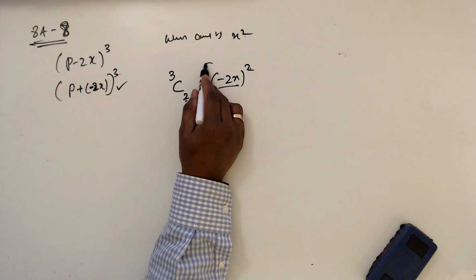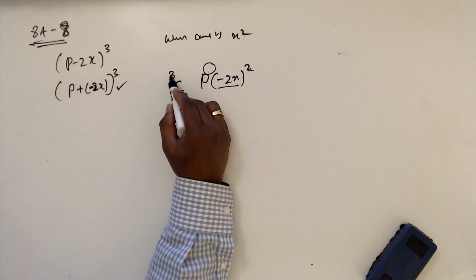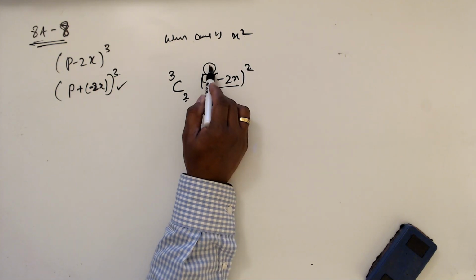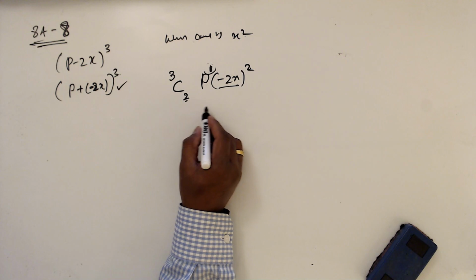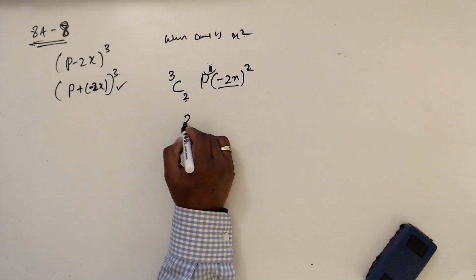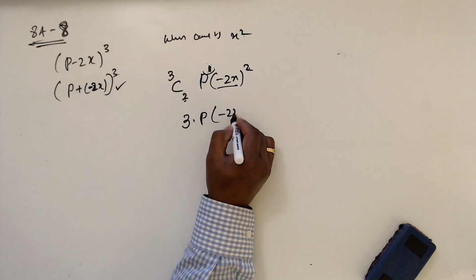When you add those two powers, it must equal 3: 2 plus 1, so this is going to be 1. So 3C2 we already know is 3, and p, and (minus 2x) square.